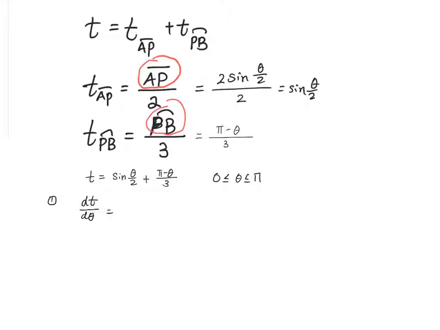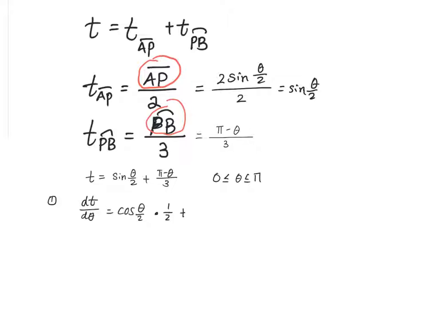Chain rule is applied. The derivative of sine is cosine u times the derivative of u, which is 1/2, plus, now when you look at this, you can think of this as pi over 3 minus theta over 3.